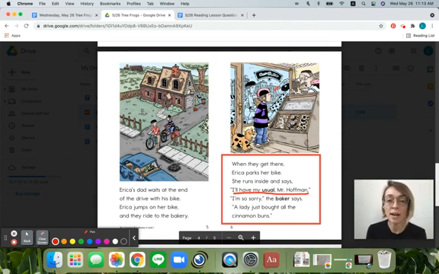So whenever Erica goes to the bakery, she always orders the same thing. What is her usual? Did you say cinnamon buns? I hope so. So she wants cinnamon buns, and the baker says, "I'm so sorry, a lady just bought all of the cinnamon buns." So I'm seeing the problem here.